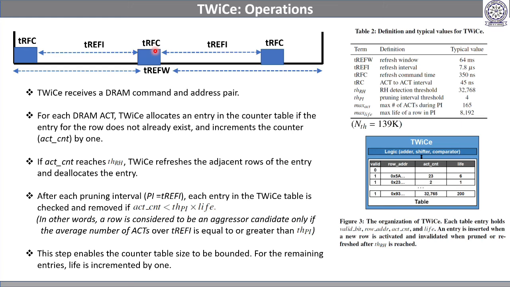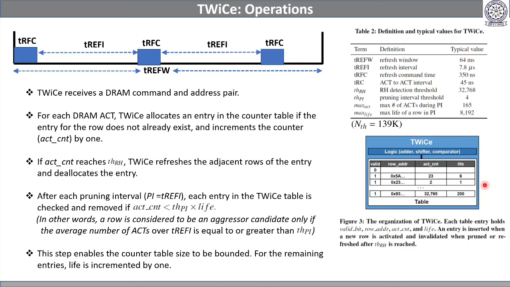During this TRFC time, the bank is blocked for normal read write operations. So they are utilizing this blockage time, since at this time no normal operation is possible in this bank. So when this bank is refreshing the rows, at the same time they will do some work in this table. Whatever they are doing in this table does not come to the critical path. That's why when the bank is busy doing all this refresh, they can do some work here. That's why the PI is the same as the refresh interval.